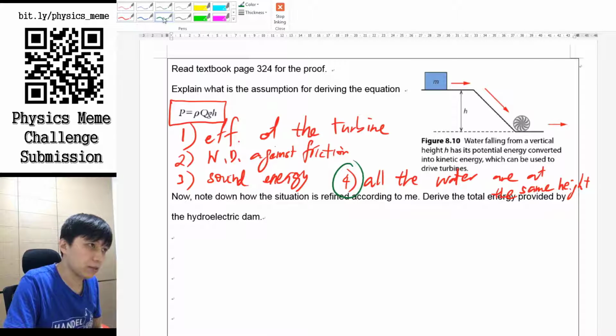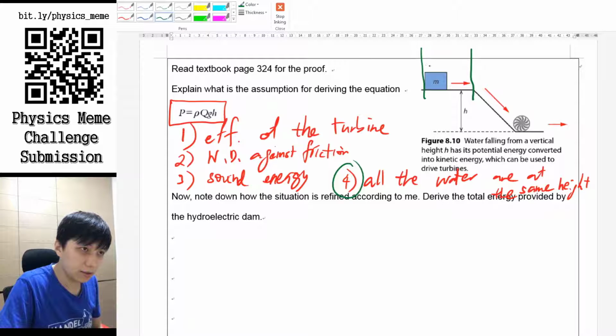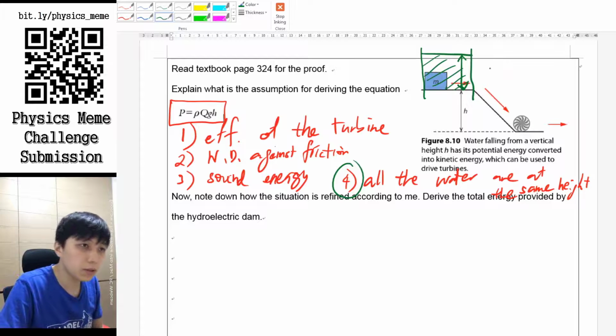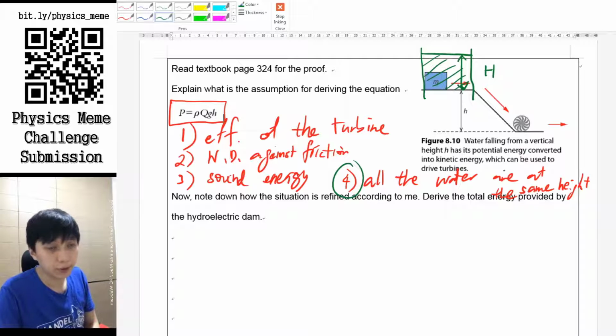So think about this. If you are now having a certain height of water, so imagine these are all filled up. Okay, so with the depth of water that you have stored for, say, capital letter H, then in this case, how would you derive the total energy?